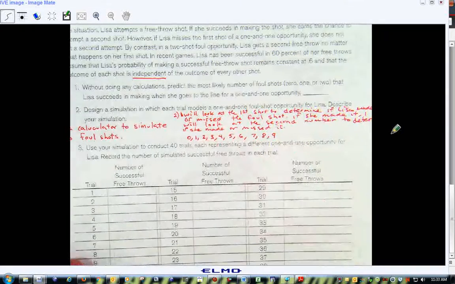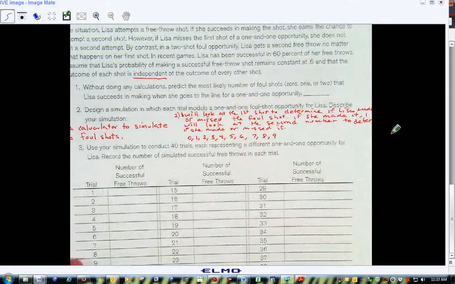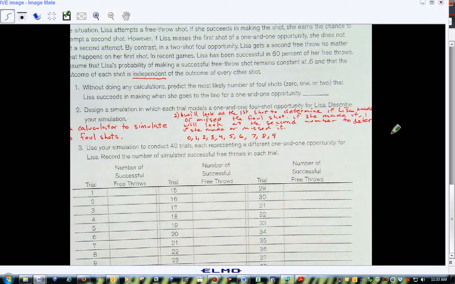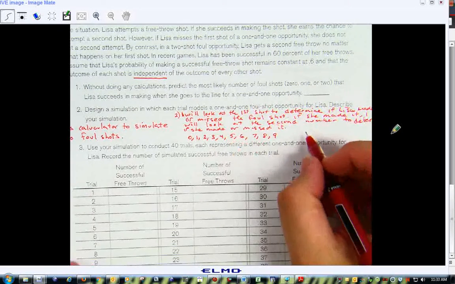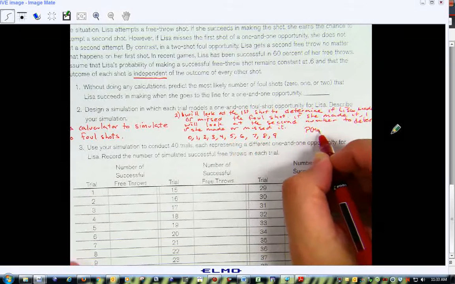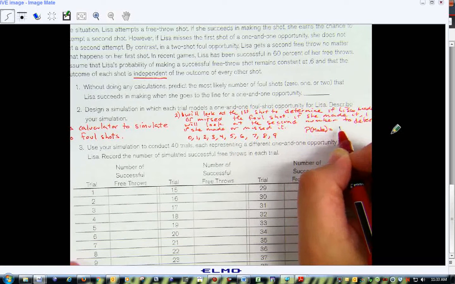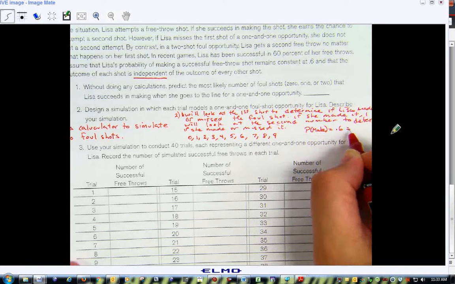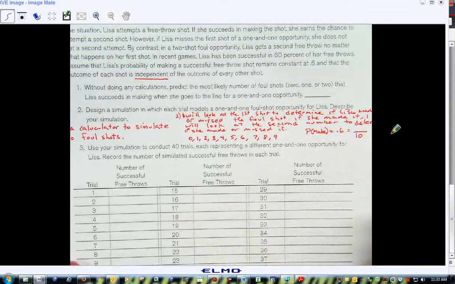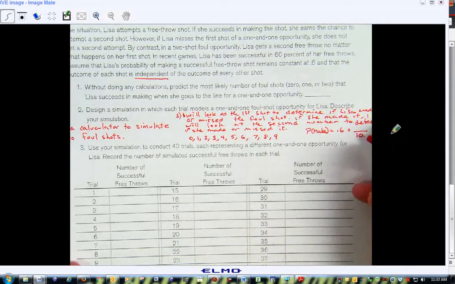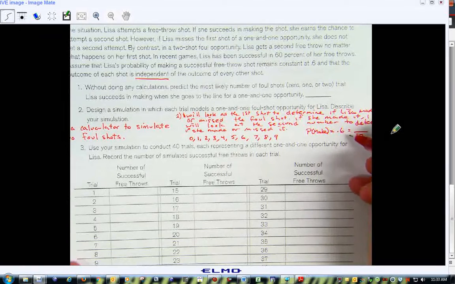You can get as fancy as you want to, but when we're doing these, you want to keep things very simple. So, for example, since the probability of a make is equal to 0.6, if I wanted to put that over 10, what would be the numerator of a fraction that is equal to 0.6? 6.